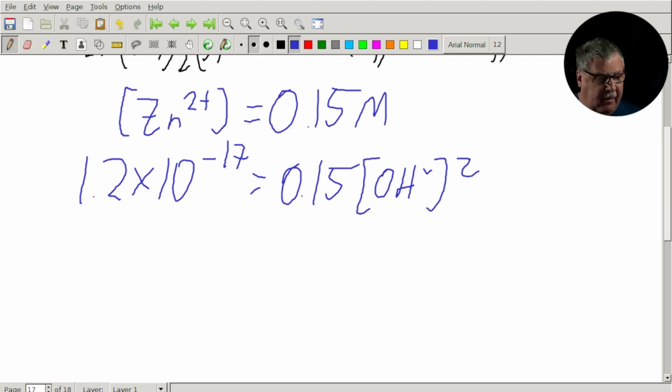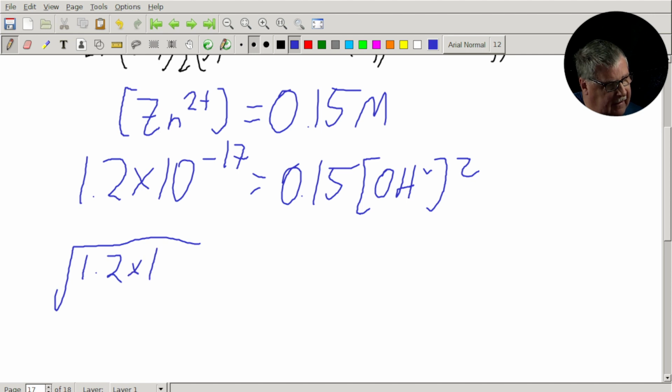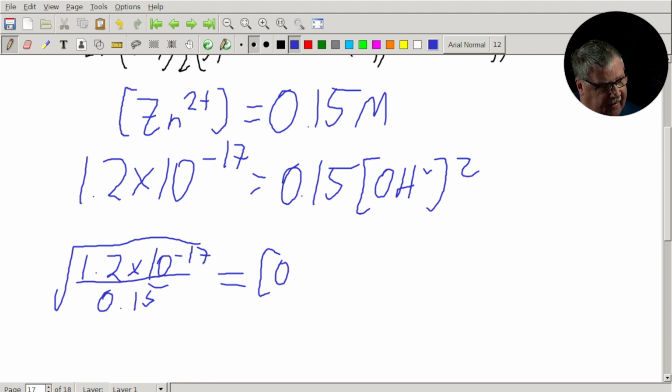So I'm going to divide both sides by 0.15. I'm going to take the square root of both sides. So I can take the square root of 1.2 times 10 to the negative 17th divided by 0.15. And that's going to give me the concentration of hydroxide ion I need to precipitate this zinc hydroxide out.